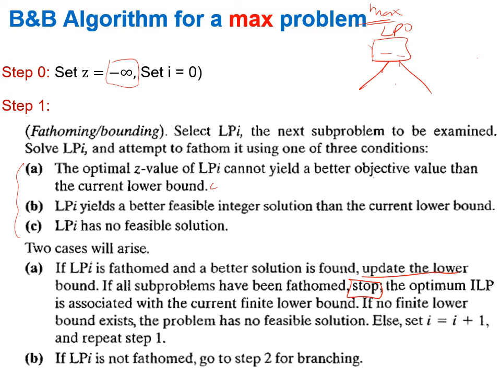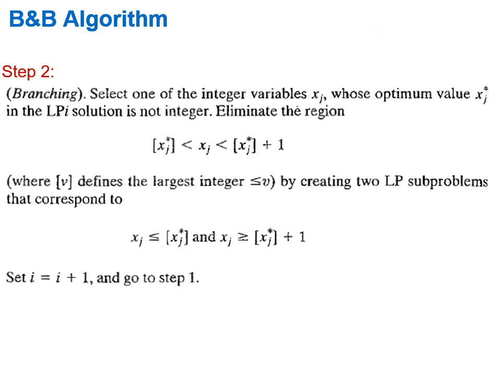In order to branch, what should I do? I need to include two constraints to the problem. So this is the node, and assume that I have one decision variable x1, which appeared to be, let's say, 4.2.